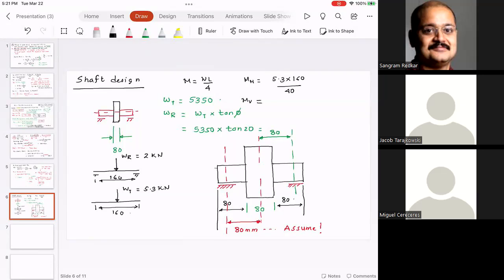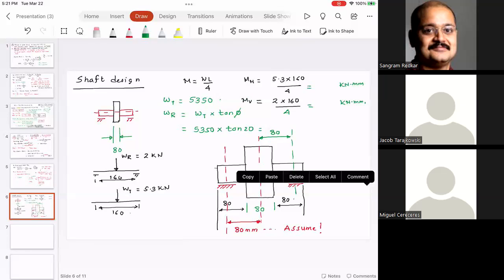M vertical is 2 multiplied by 160 divided by 4. So you get this in kilonewton millimeter. So the total moment M is equal to square root of Mh square plus Mv square.